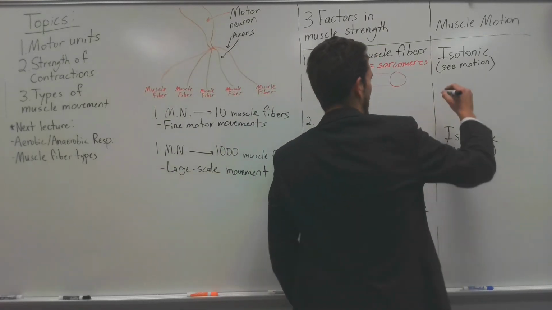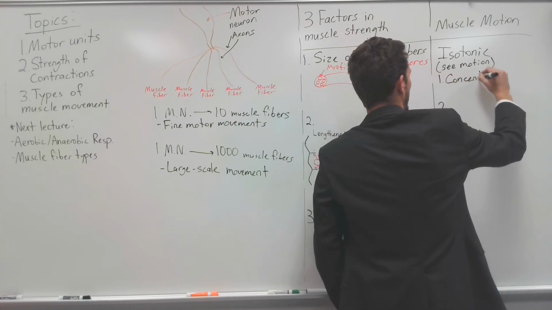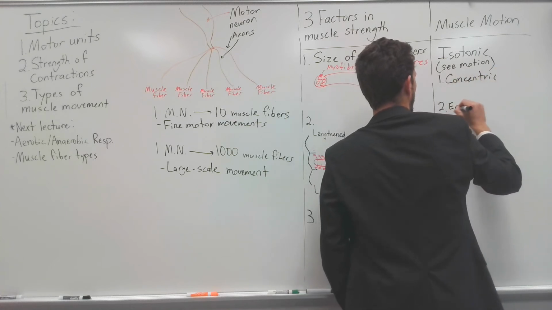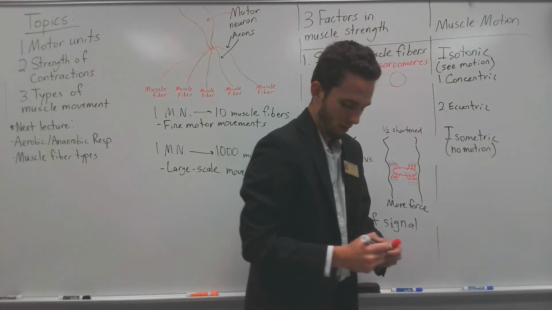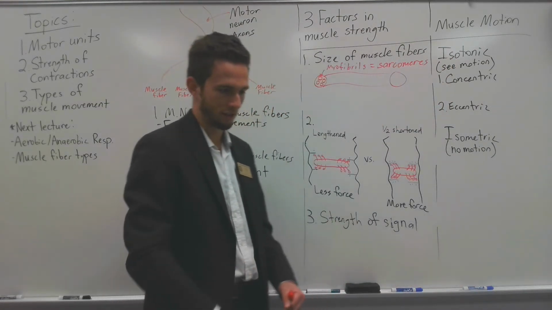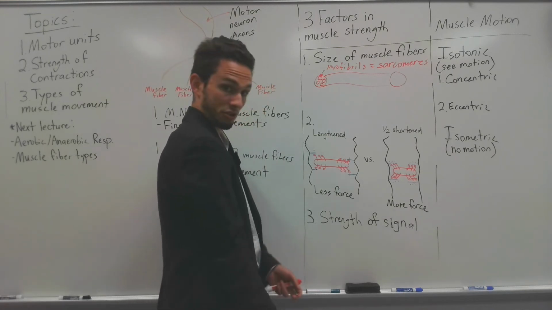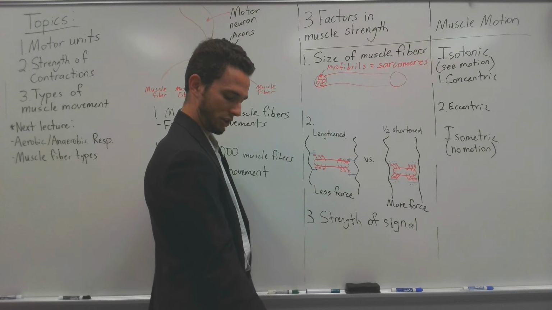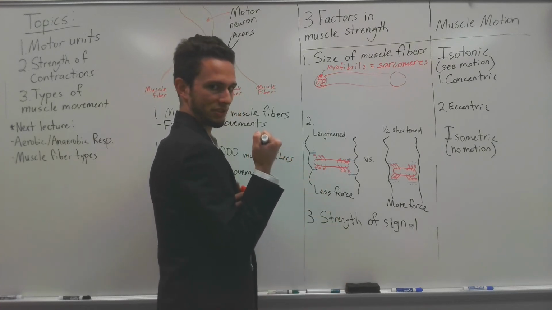So let's talk about the two types of isotonic movements. There is concentric and there is eccentric, okay? I think it's easier to see them, so I'm going to demonstrate. Say I have this marker, it's a weight, so I'm lifting about as much as SpongeBob. Say my muscle's fully stretched out, and I'm going to bring up this marker. Think about my bicep.